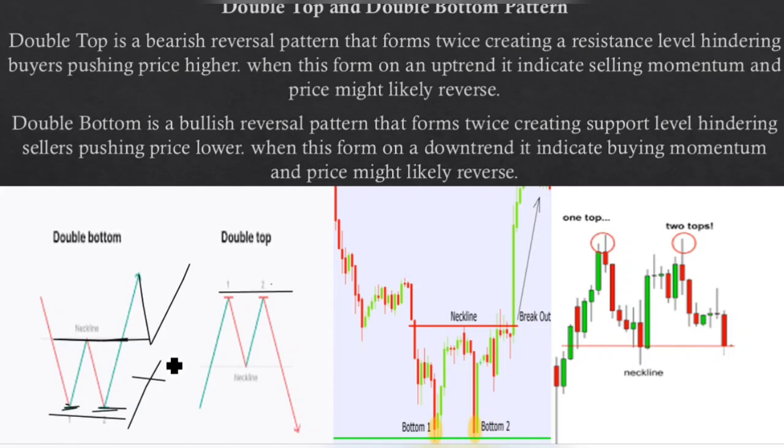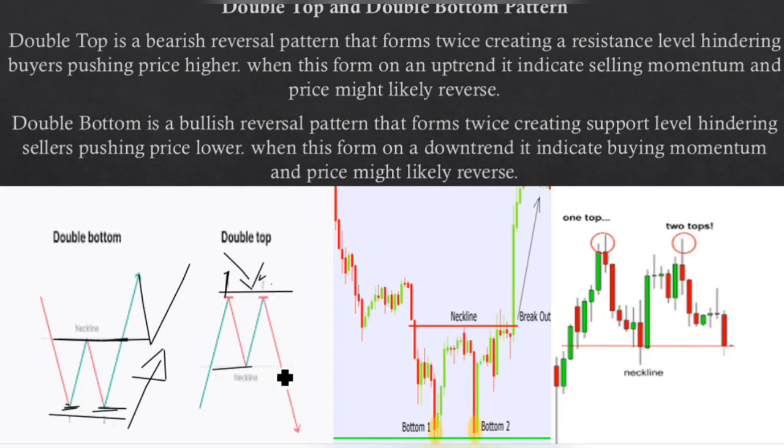That's what we look out for. Now for a double top, it signifies that after we see the first high formed and we see another resistance high form, it indicates selling momentum. This indicates selling momentum. And what do we expect again?